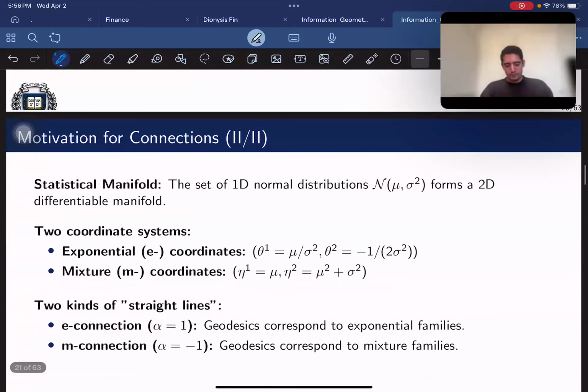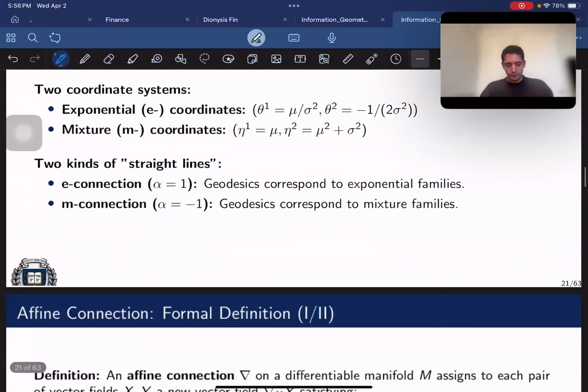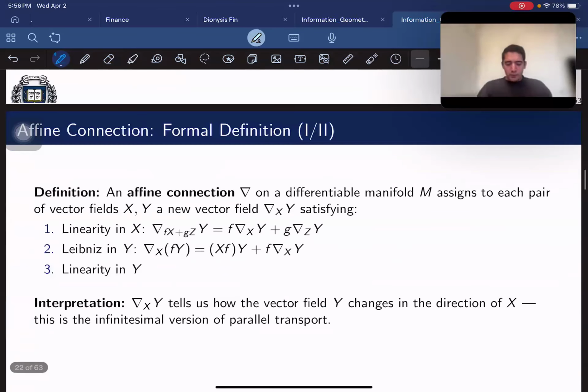Okay. Now we need to define affine connection. So connections, where we are restricting ourselves to affine connections, are essentially given.